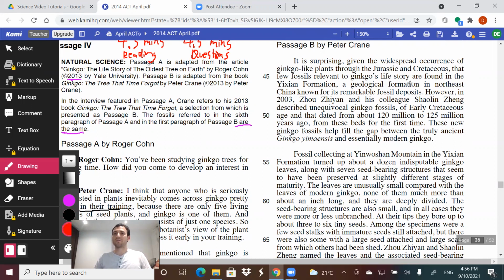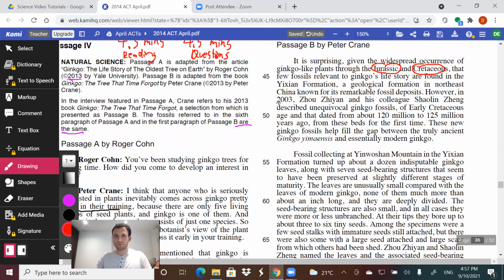It is surprising, given the widespread occurrence of ginkgo-like plants through the Jurassic and Cretaceous, that few fossils relevant to ginkgo's life story are found in the Yixian Formation, a geological formation in northeast China known for its remarkable fossil deposit.